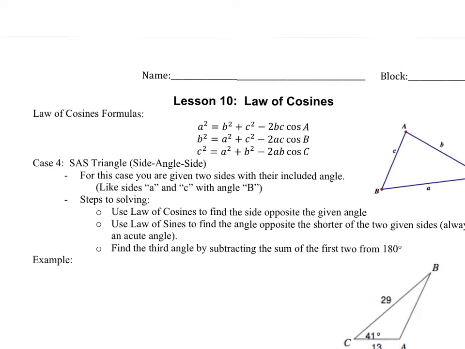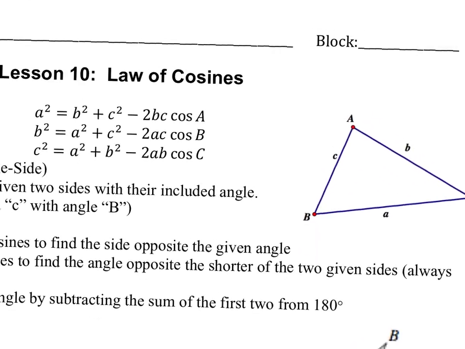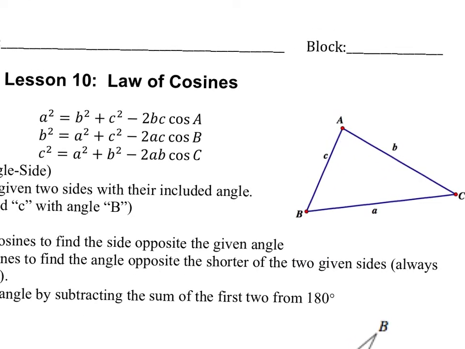Okay, so putting this in context of our generic triangle here, side length a squared is going to equal b squared plus c squared minus 2 times bc times the cosine of A. Okay?